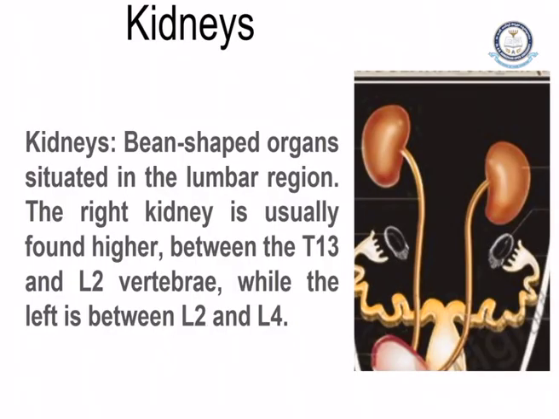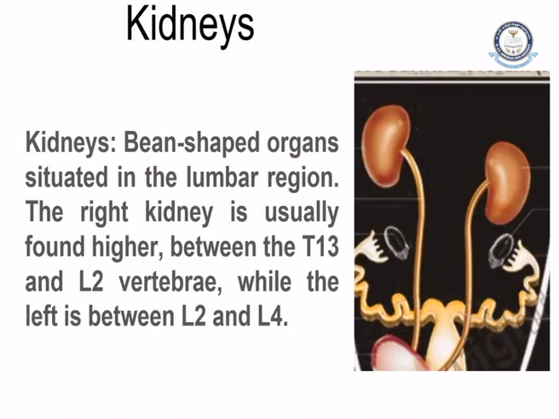Moving on to kidneys. Kidneys, as we are acquainted, are bean shaped organs situated in the lumbar region, and the right kidney is usually found higher between thoracic 13 and lumbar 2 vertebrae, while the left kidney is between lumbar 2 and lumbar 4.